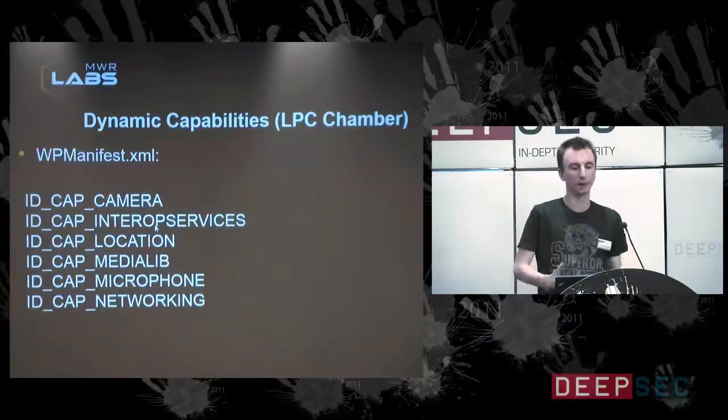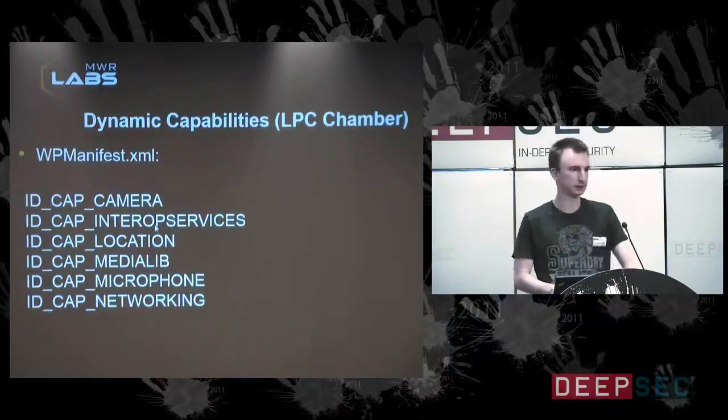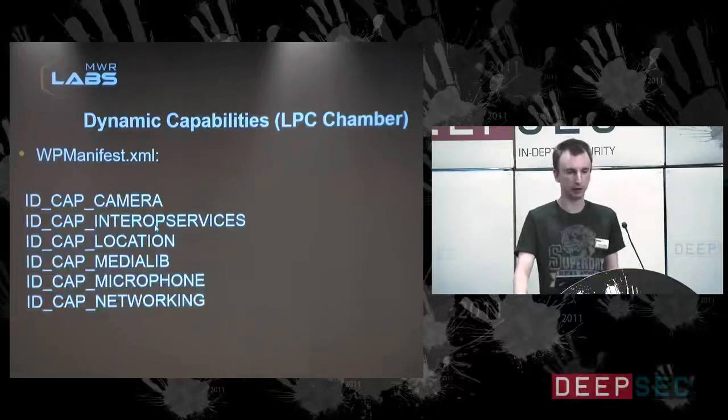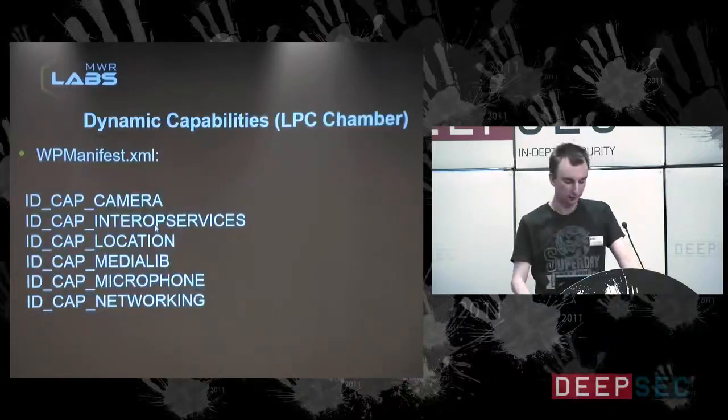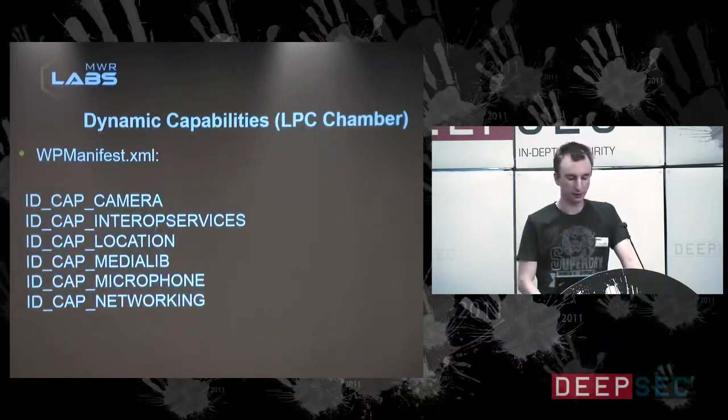When the application is deployed onto the device, the capabilities are parsed and the LPC chamber is provisioned with access to this additional functionality. But by default, the LPC chamber is really locked down, and you can't access any of this functionality without the capabilities.